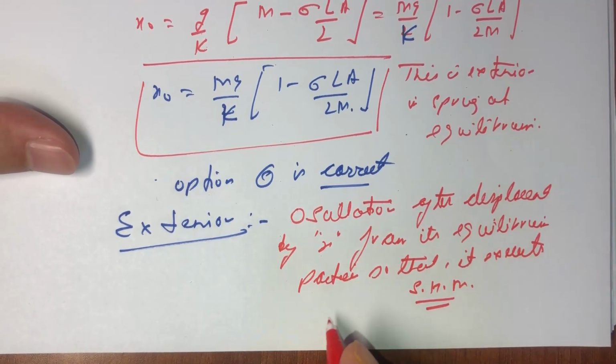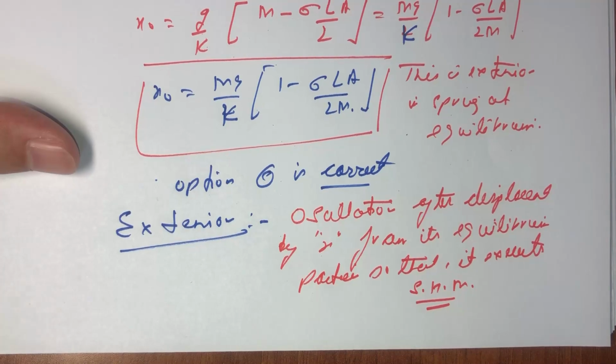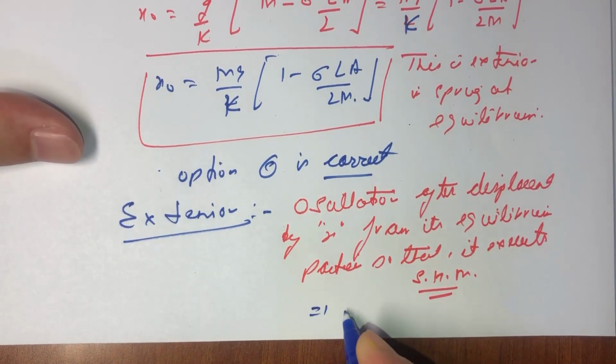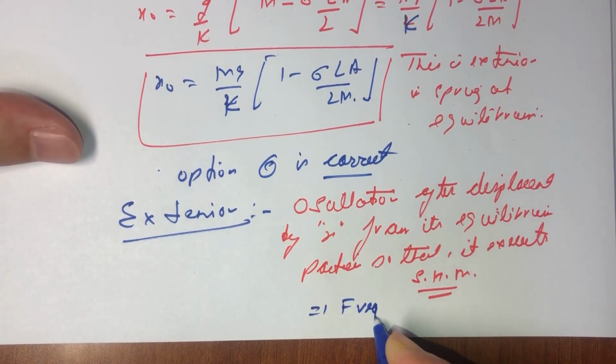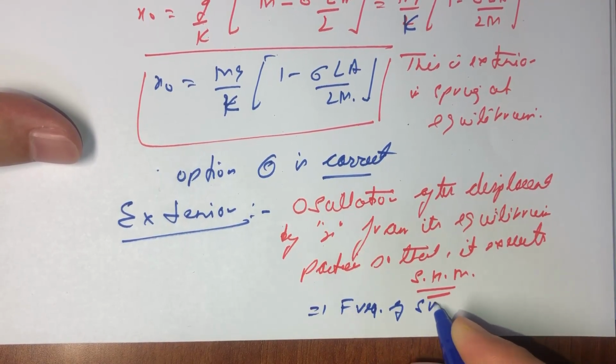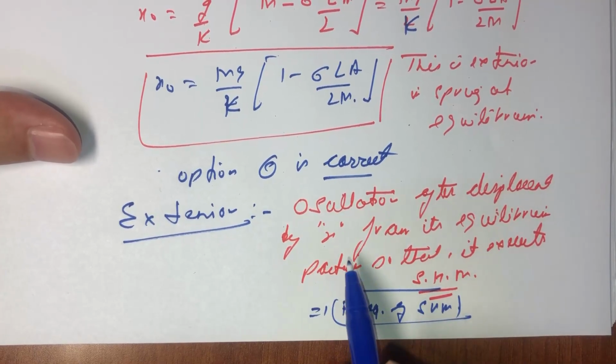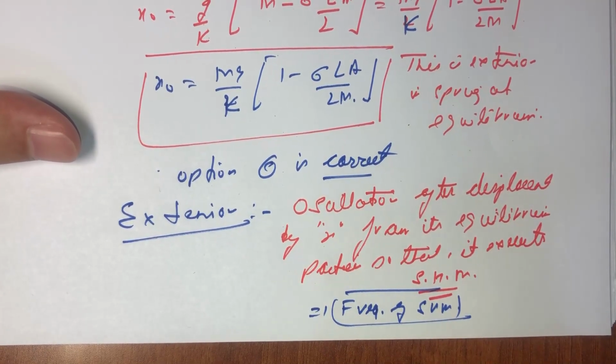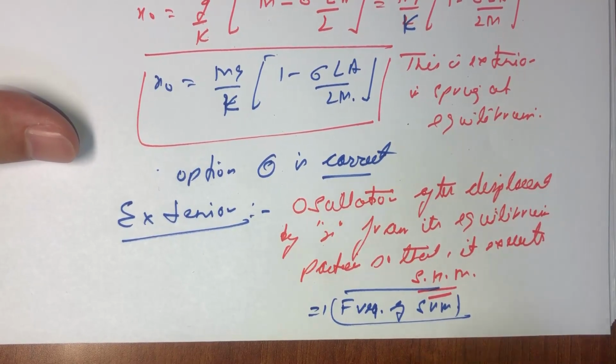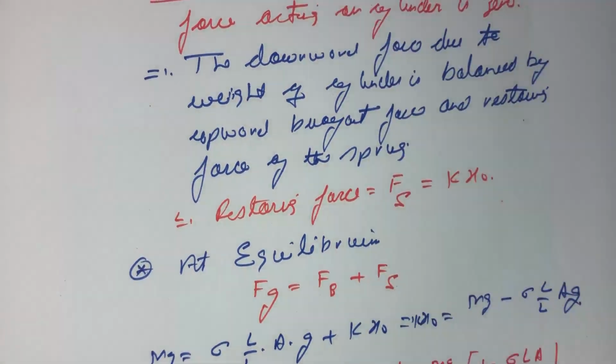So we are going to find out the frequency of SHM. Okay, so x is the extra displacement from its equilibrium position, that we have to keep in mind.